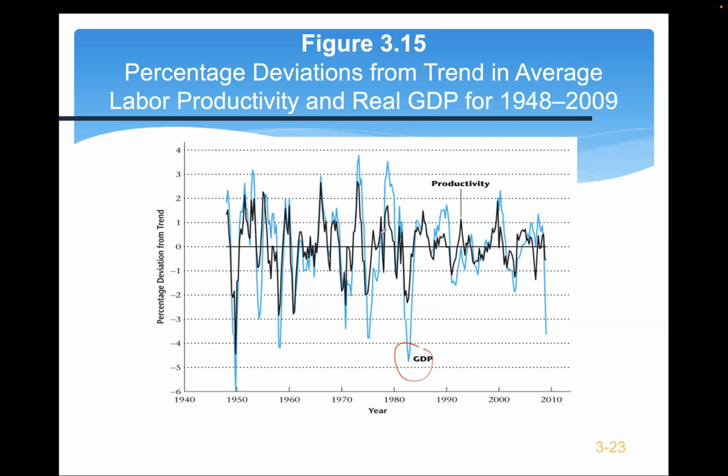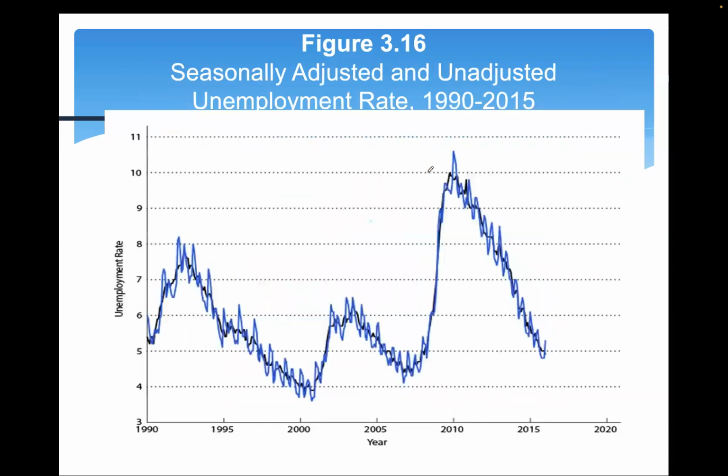Productivity falls when GDP falls. And finally, the fluctuation of productivity is smaller compared to real GDP. So productivity is like employment. It moves simultaneously with changes in GDP, meaning it's not a leading factor, nor a lagging factor.